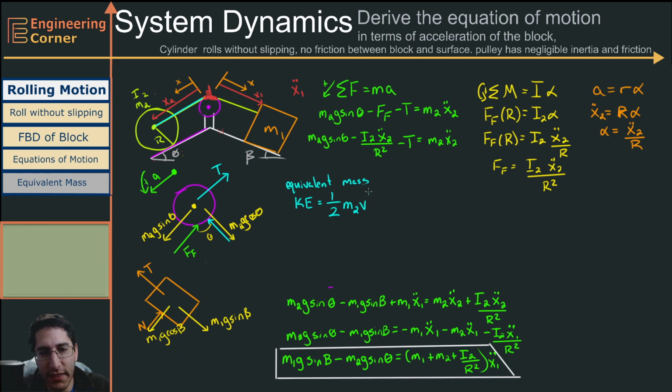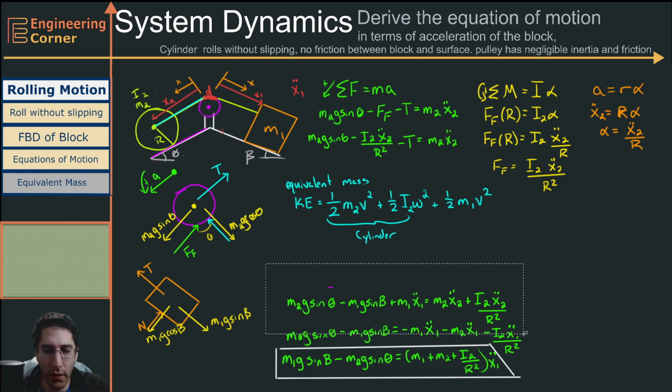So velocity squared, plus 1/2, this is my rotating, I2 omega squared, plus, now I do this box. So this right here is my cylinder. Now I do the box, which is just translating, 1/2 m1 v squared.